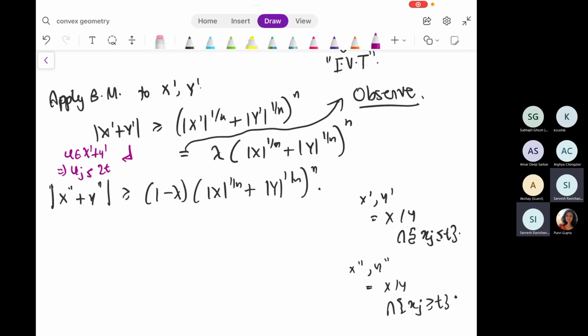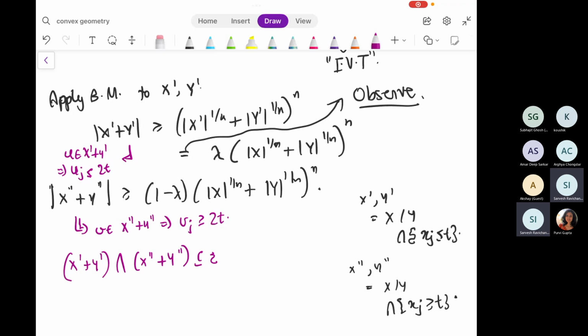On the other hand, if some v is in x double prime plus y double prime, then that implies that vj is greater than or equal to 2t. So the intersection of x prime plus y prime and x double prime plus y double prime must be contained in a set of measure 0, because it's in fact contained in the set of all y such that yj is equal to 2t.